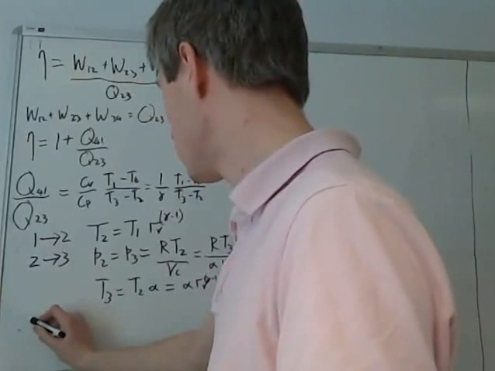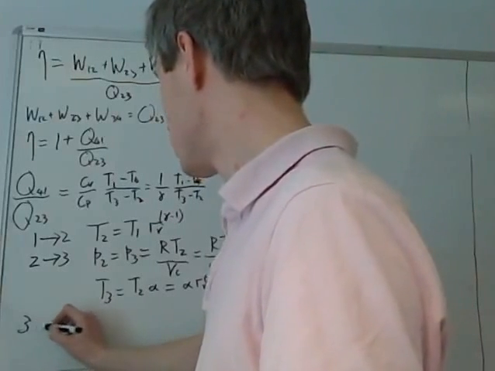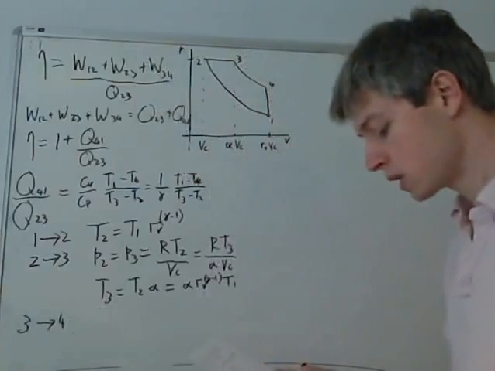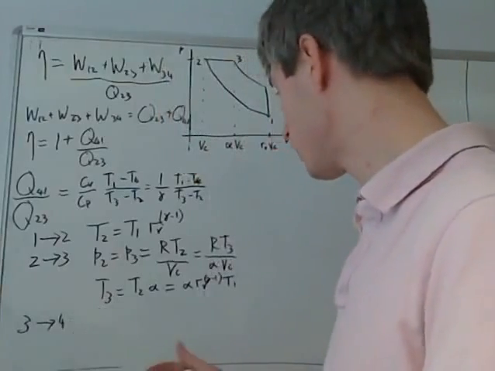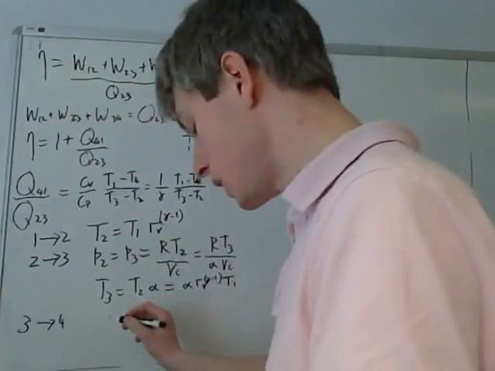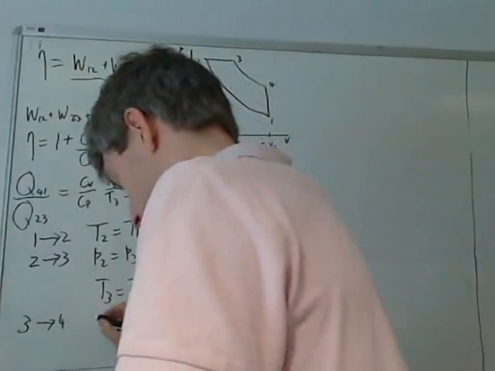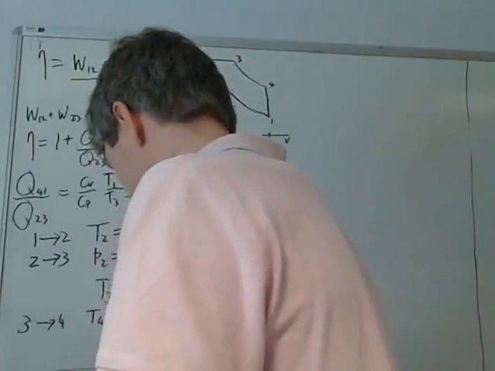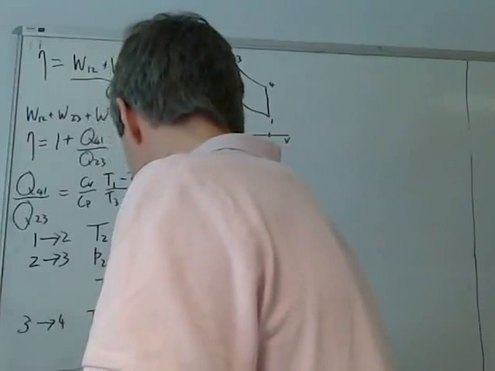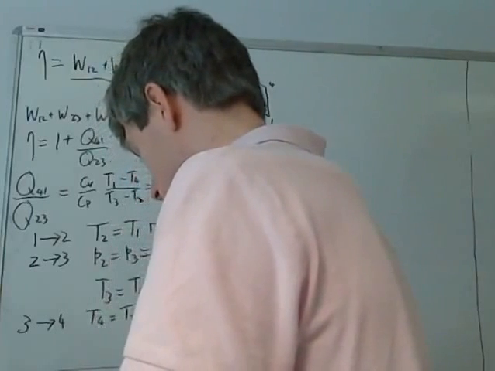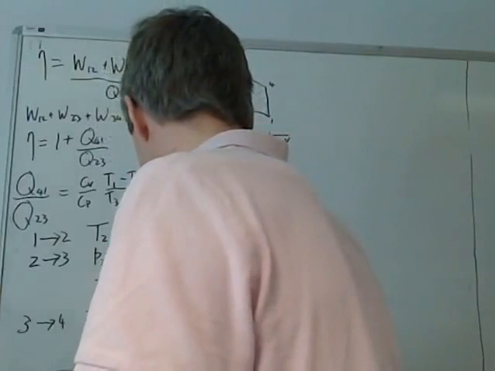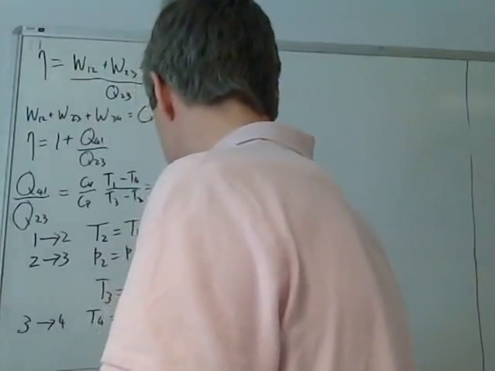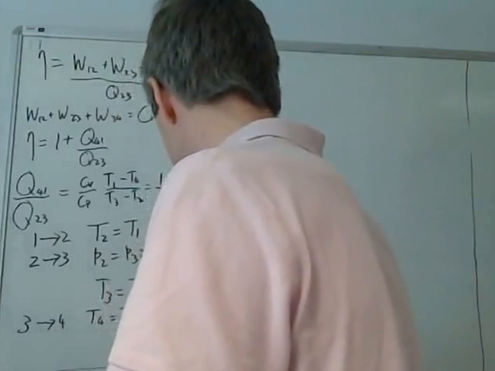Now the next process, state 3 goes to state 4. It's isentropic expansion, so we again apply this isentropic relationship. And we can write T4 is equal to T3 times alpha over RV, that's what the volume ratio is, to the gamma minus 1.